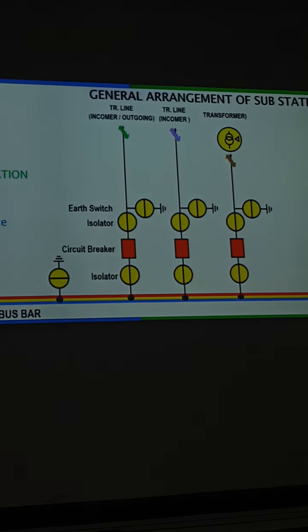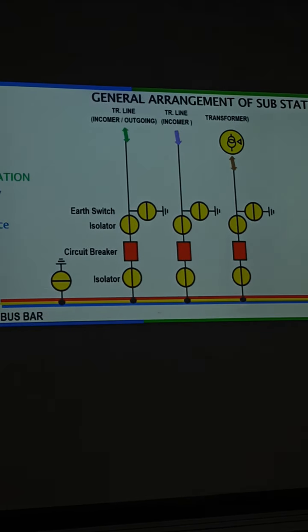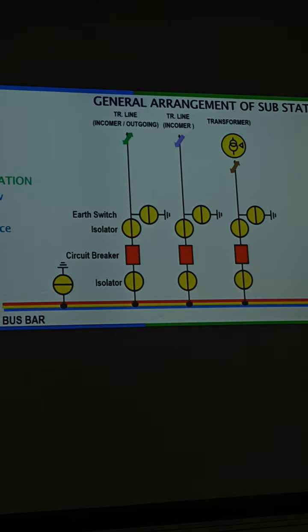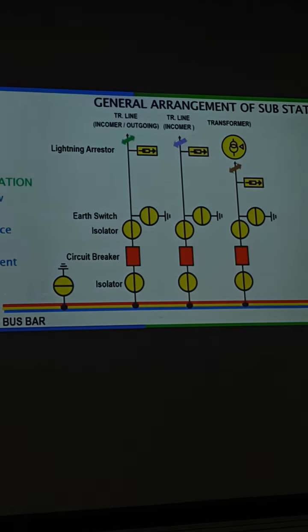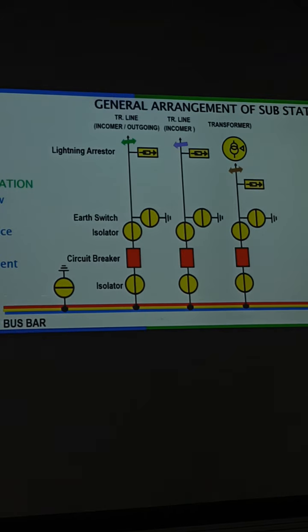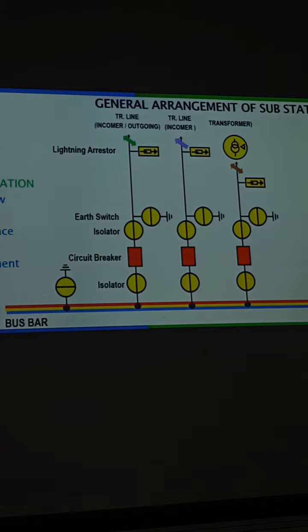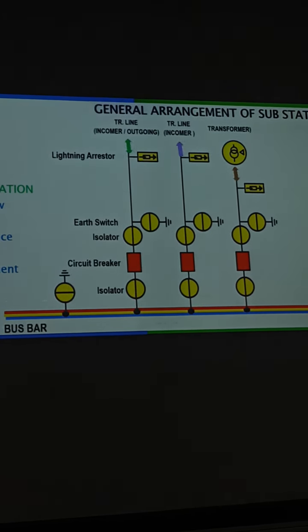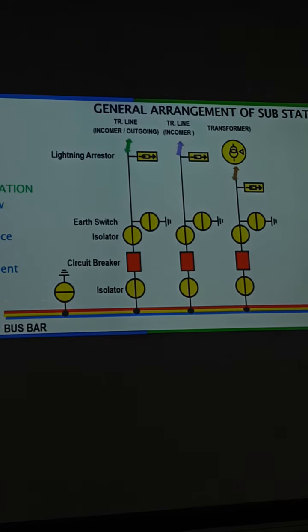You have to protect it from those enemies. For that, what will we do? We will install lightning arresters.